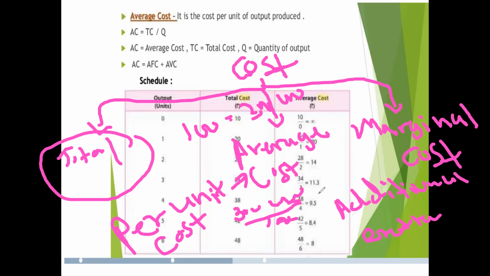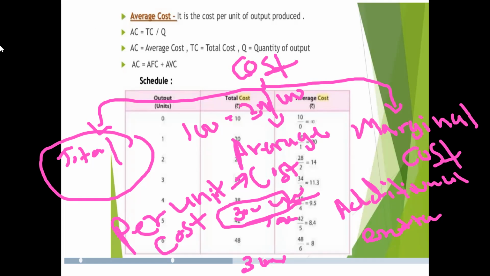Then how much per unit do we have to incur? 3,000. Right?